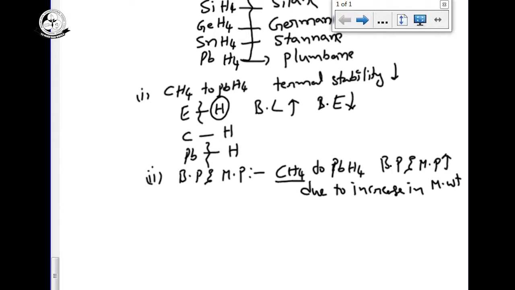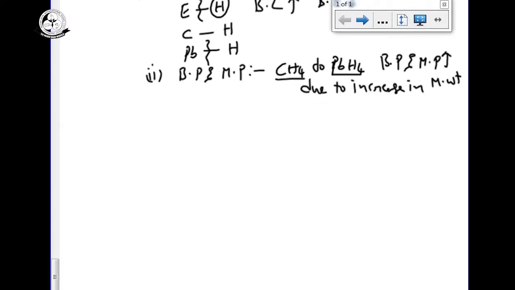CH4 we know is methane gas, but lead hydride is a solid. So gas means lower melting and boiling points, while lead hydride has high melting and boiling points.